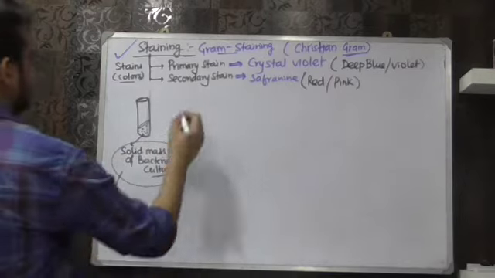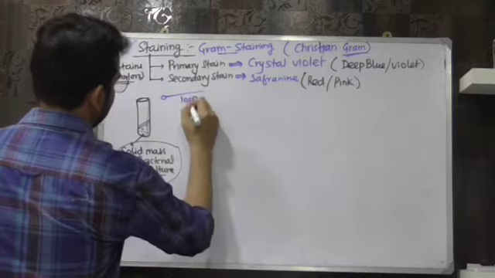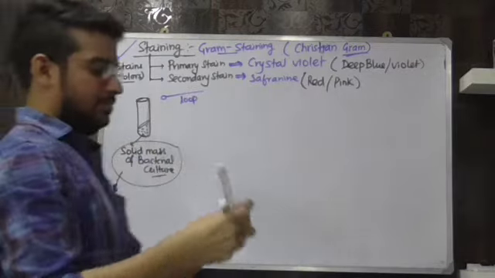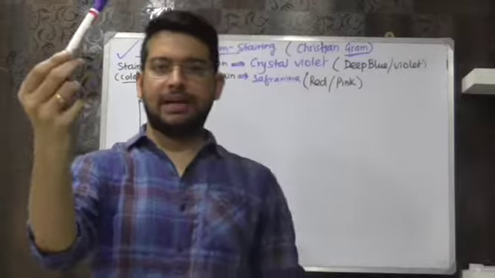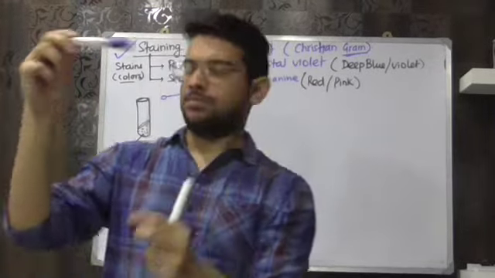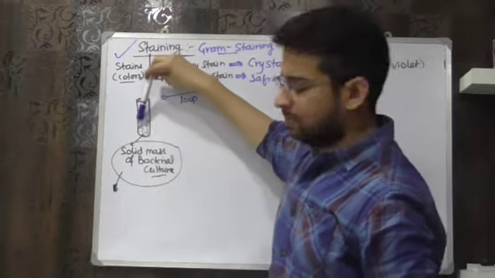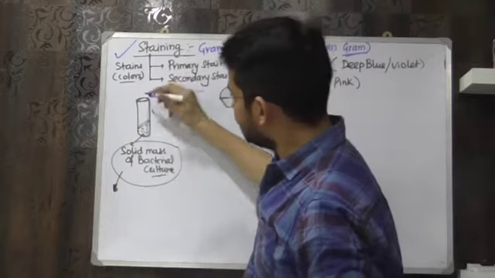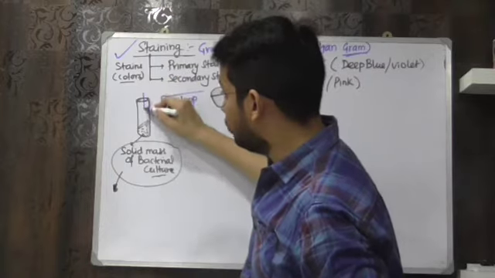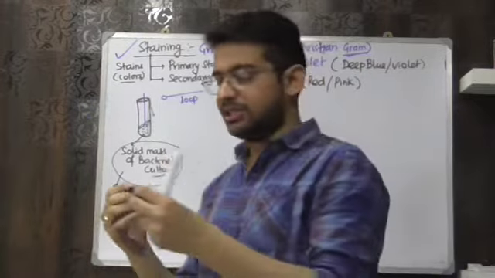Now you take a loop. This is a loop. It looks like this pen, with a spherical structure like this. You take this loop inside the test tube and pull out some bacteria.